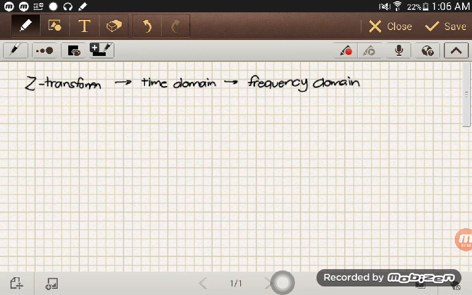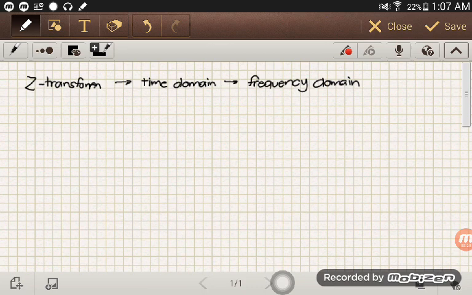So analysis of a system and its discrete time signals would be simple and easy to analyze. That's where this is really helpful, especially when you're analyzing a complex signal. You want to make the analysis of this signal simplified for its use. So how does the Z transform come into play, or how do you do a Z transform of a signal in a time domain, converting it to a frequency domain?